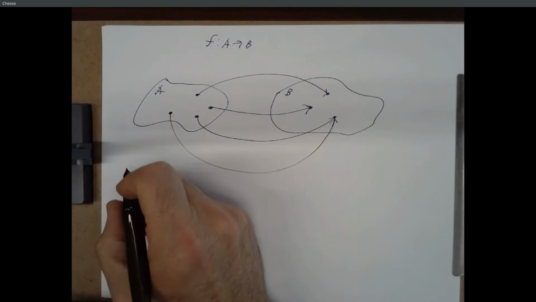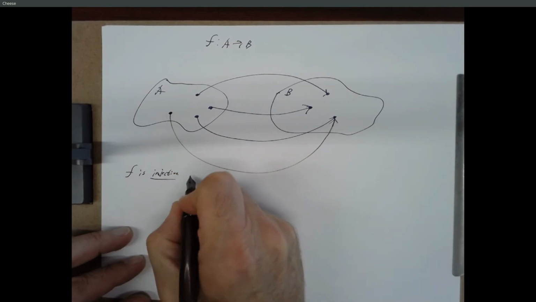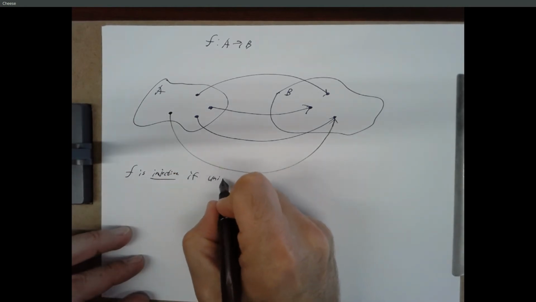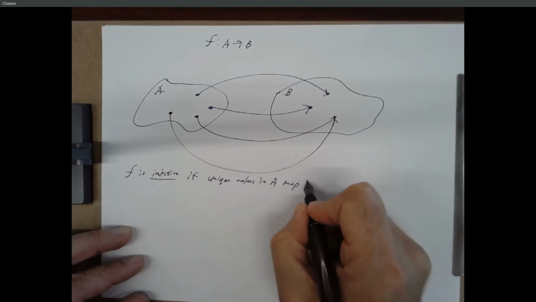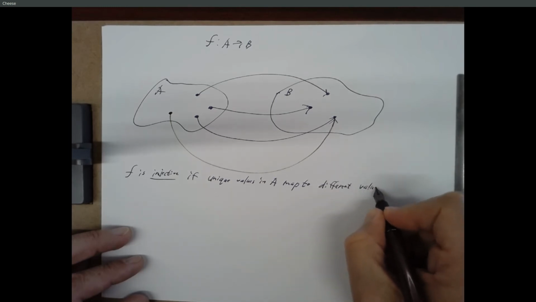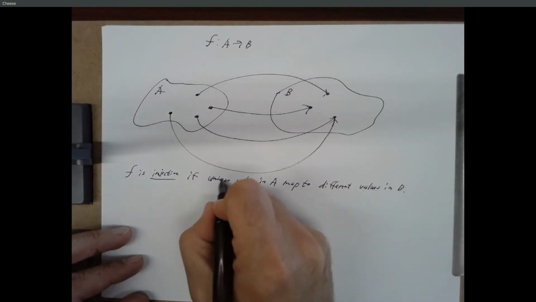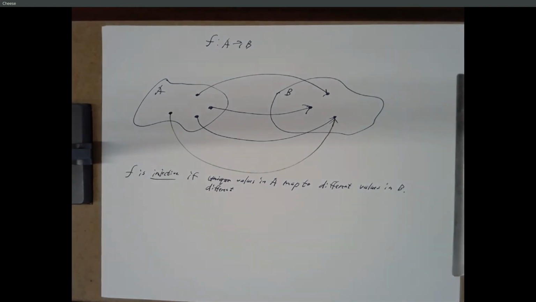So we have a term which is injective if different values in A map to different values in B. So if it's true that anytime you pick two things in A that are different from each other and you map them, you get two different points in B. If that's always true, then this function is injective.